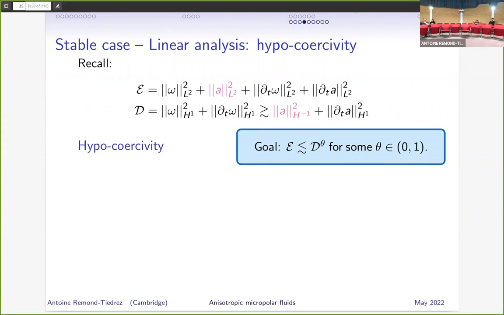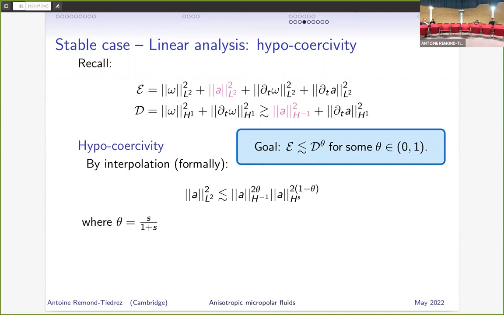The reason you get away with something like this is because you do interpolation. If I control A in H minus 1, then I can control A in L2 as long as I also control higher order norms, let's say HS. You can keep track of this, but the point is that as your S grows, your theta is going to get closer and closer to 0.